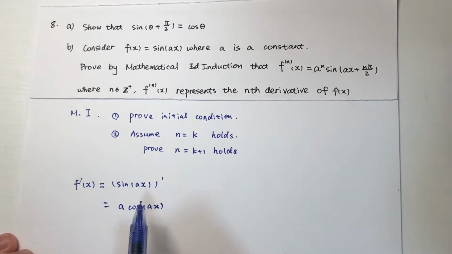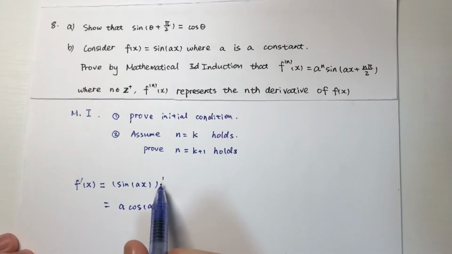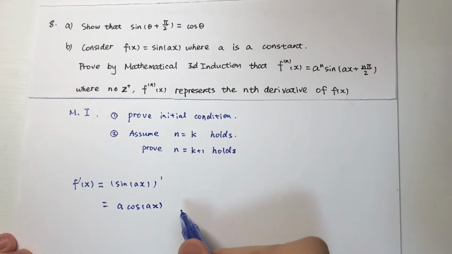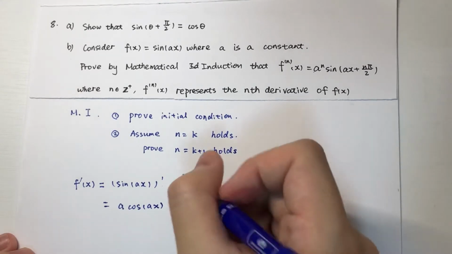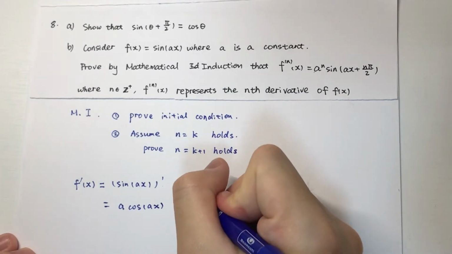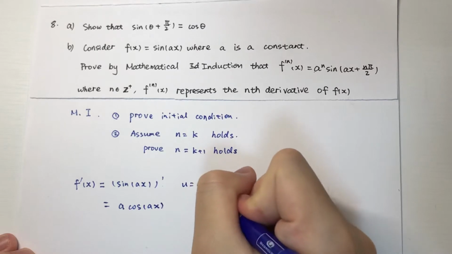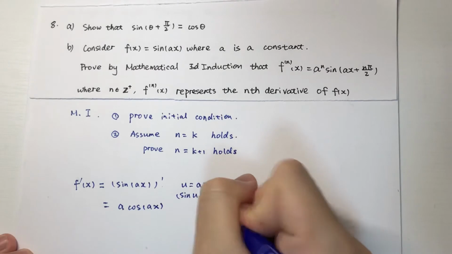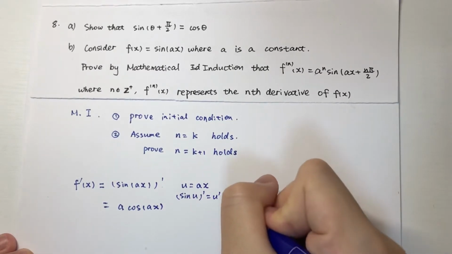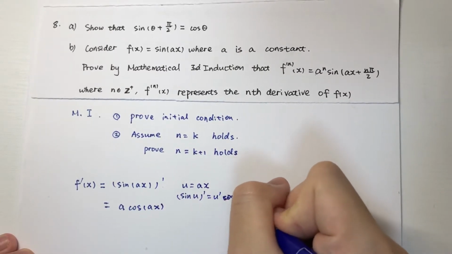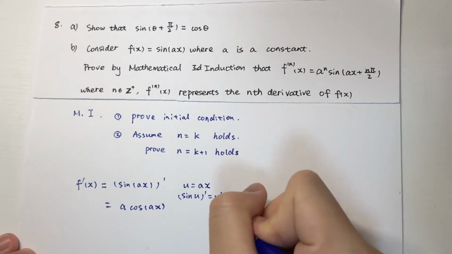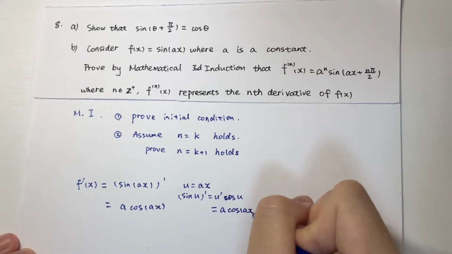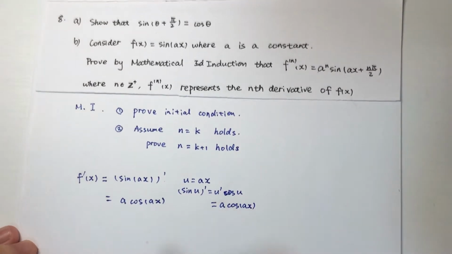And for those of you who don't know how to go from there to there, we just use a substitution method, that is the chain rule. So let u equal ax. The derivative of sin u equals u' cos u, and the derivative of u is a, so it equals a cos(ax). So that is the substitution method.